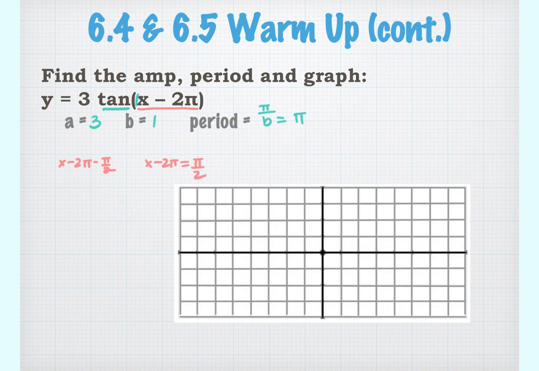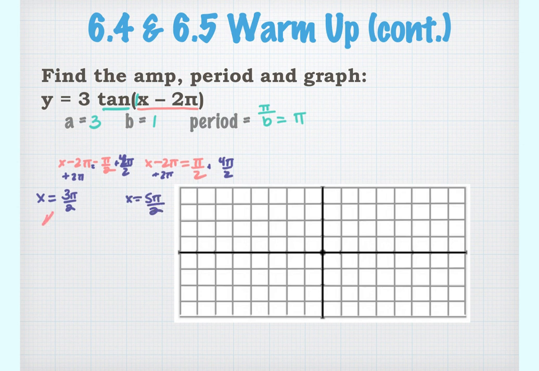And solve for x. So I'm going to add 2 pi. X would equal, this becomes 4 pi over 2, so this is 3 pi over 2. And then on the right, add the 2 pi, or 4 pi over 2, and I get 5 pi over 2.